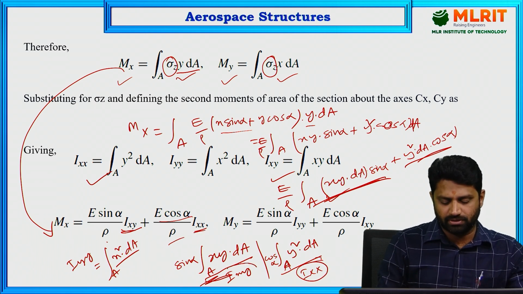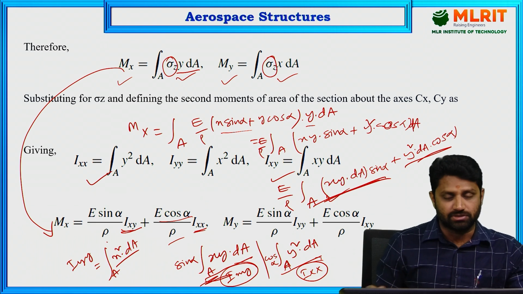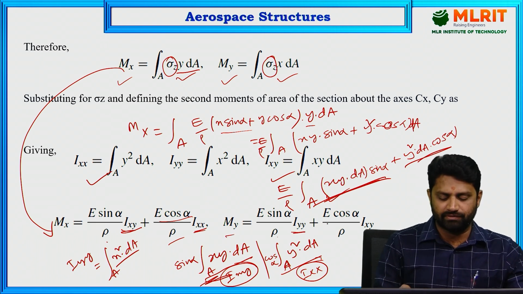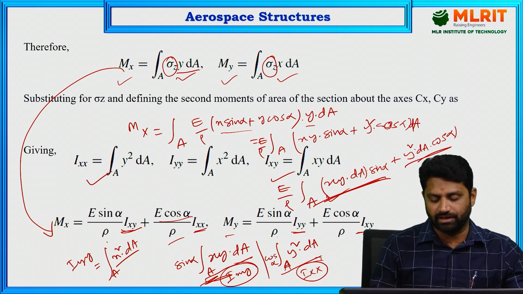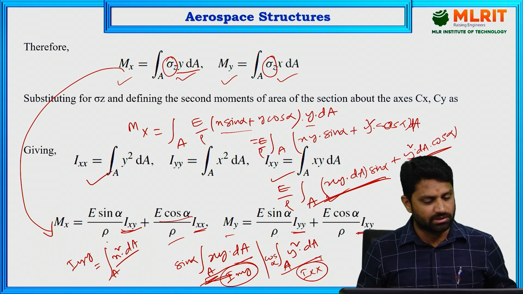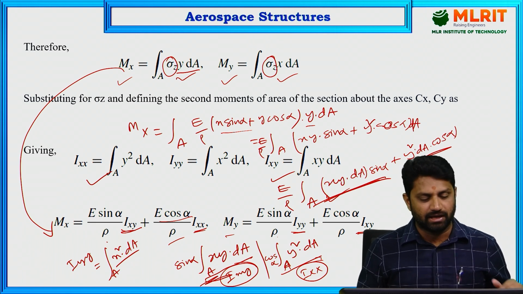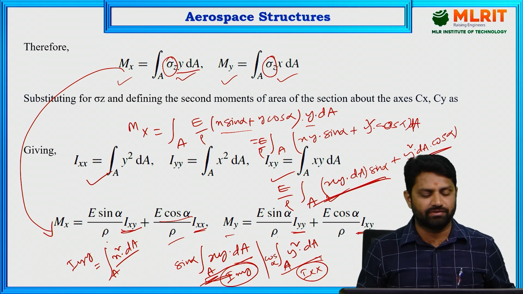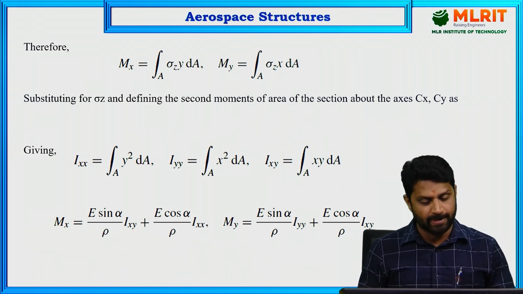Rewriting that, similarly we can write My as E sin alpha by rho into Iyy plus E cos alpha by rho into Ixy. So this is how we substitute for sigma z, writing the results in terms of the moments of inertia, that is Ixx, Iyy and Ixy.